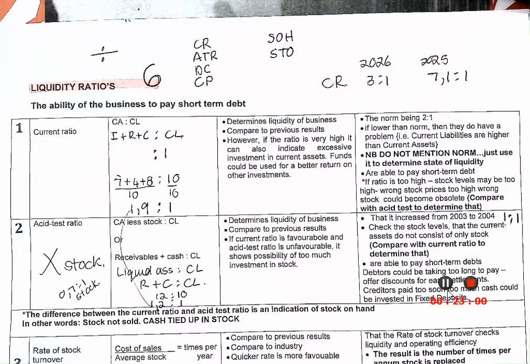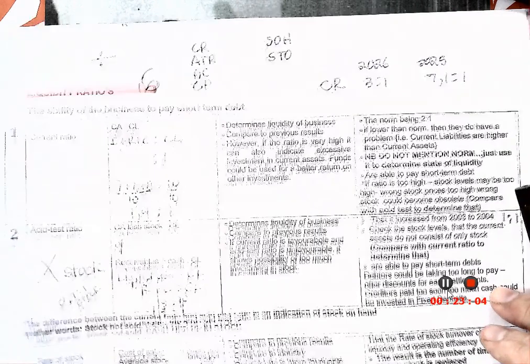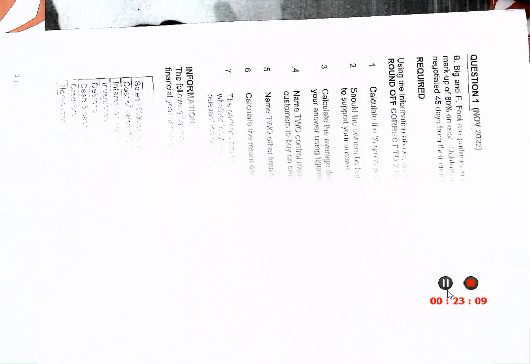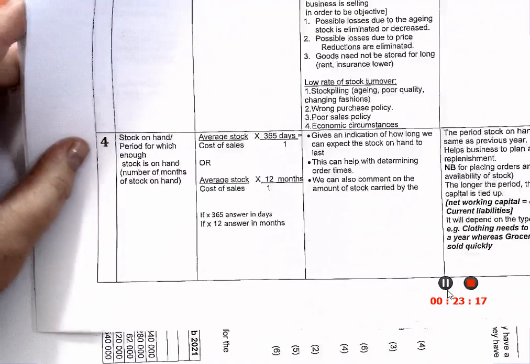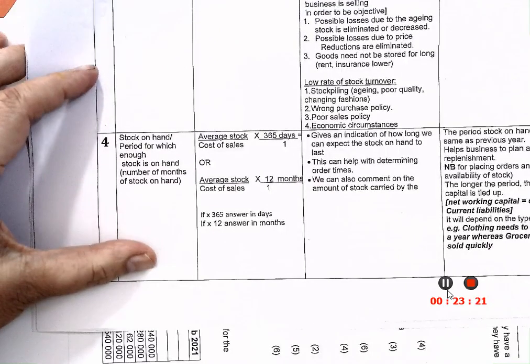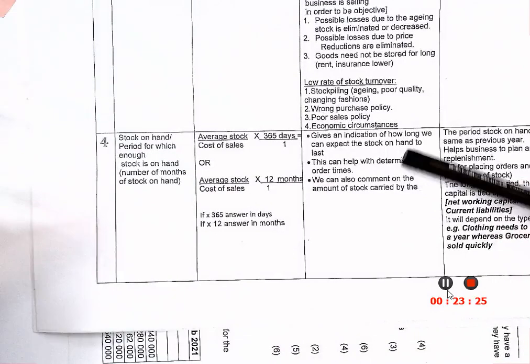Okay. Now the next they talk about stock turnover and stock on hand. So I want you to go to stock on hand, number 4. When I look at stock, remember what I said when we did the ratios?